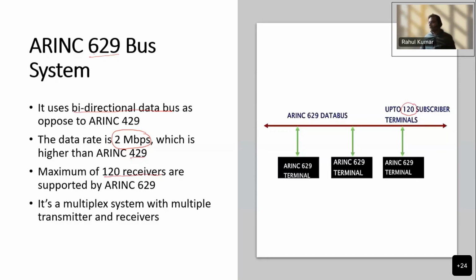It is a multiplex system with multiple transmitters and multiple receivers. All these terminals can be either transmitter or receiver. You can connect multiple transmitters and receivers. Basically, the 629 bus system works on the principle of flexible time allotment to each of these terminals, and they use something called a token.